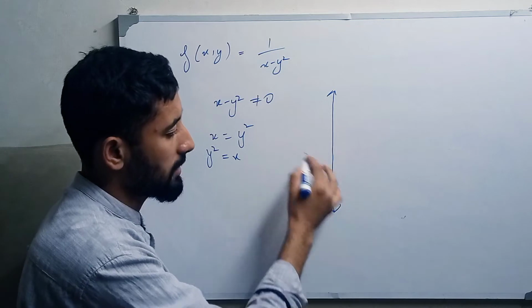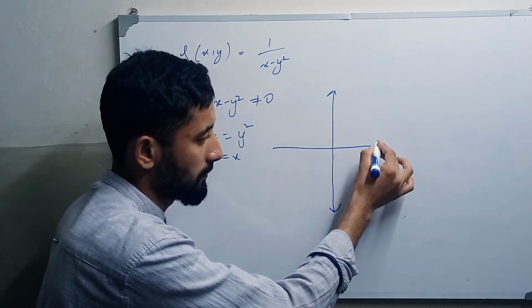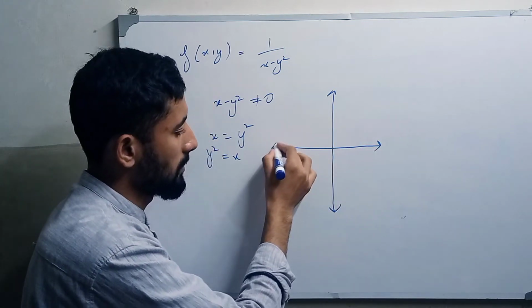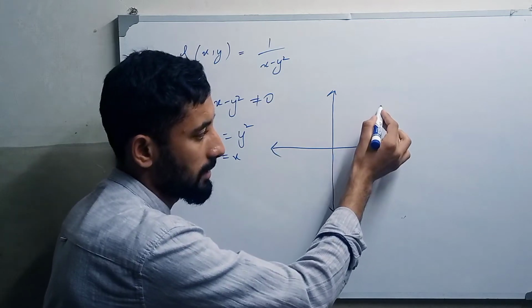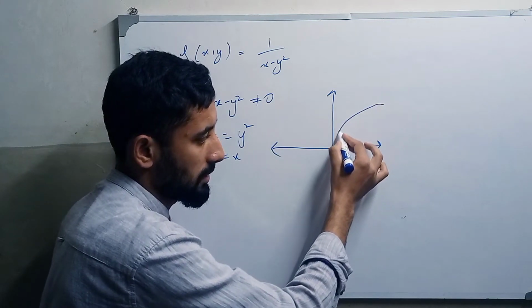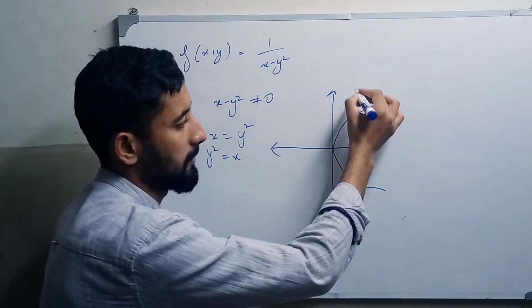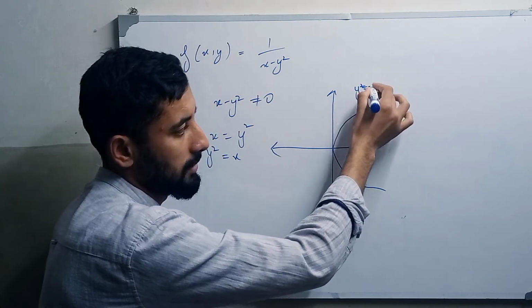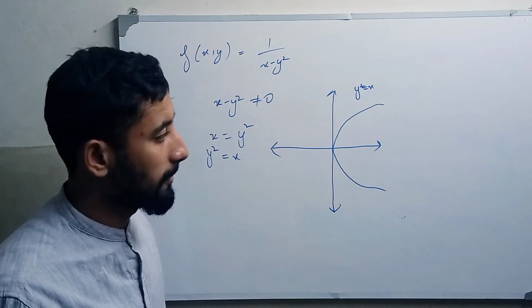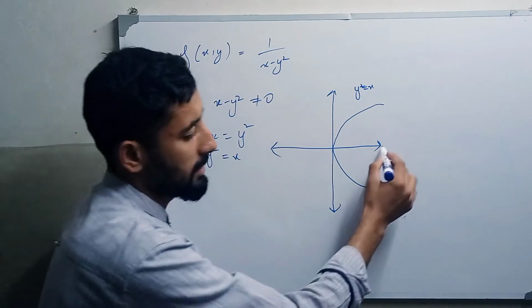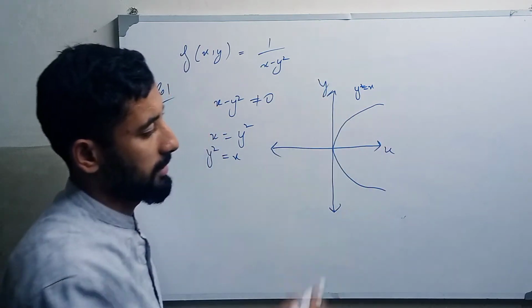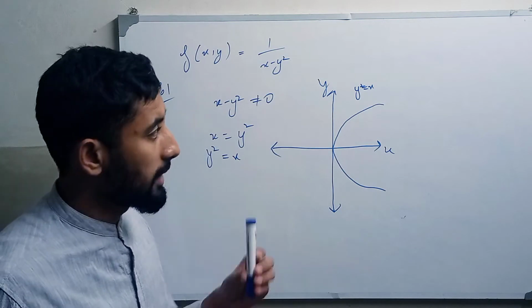This is x, y, and this is how we can sketch the graph of the domain of that function. Okay, that is the x axis, that is the y axis.